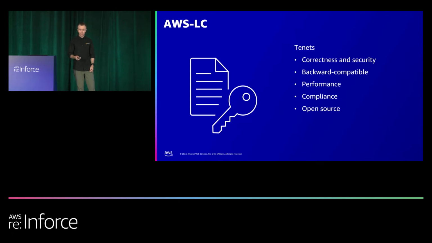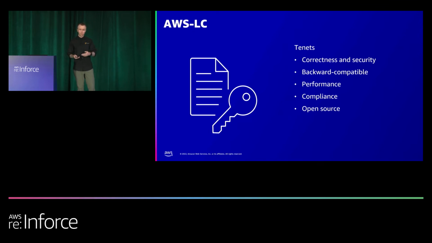And like I mentioned, performance is key for Amazon. We are super focused on performance as well for AWS-LC, but critically, it's not performance at the cost of security, and we're trying to not hurt security in the aims of performance. We're aiming to provide both high quality, secure implementations and high performance implementations.